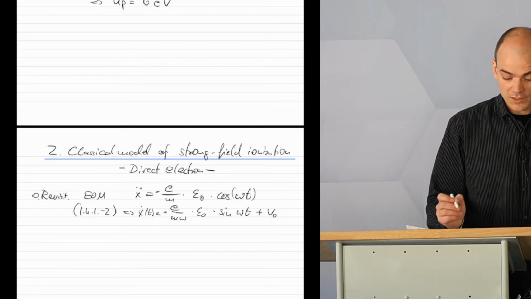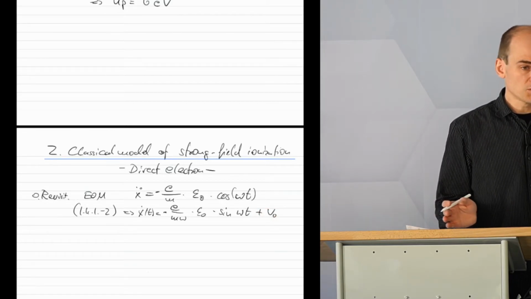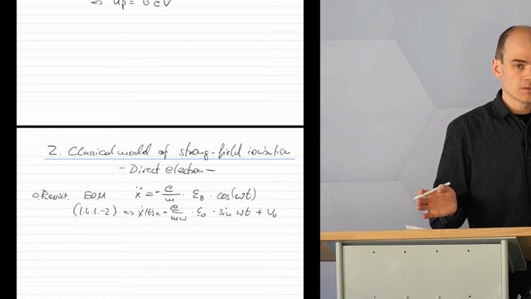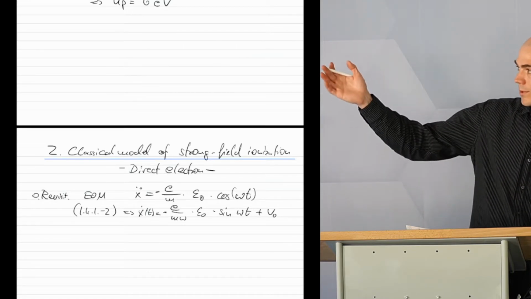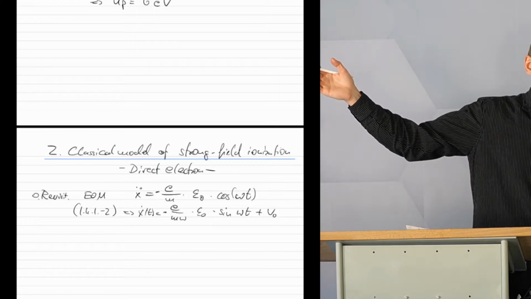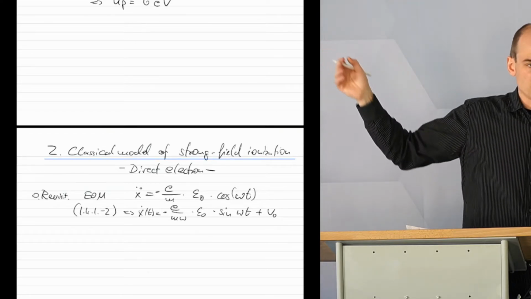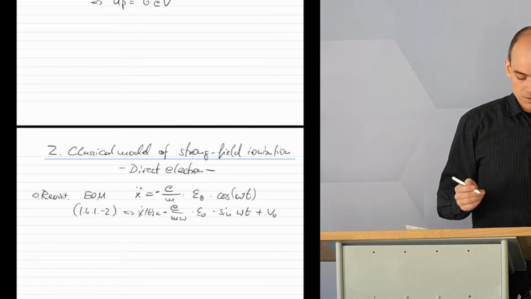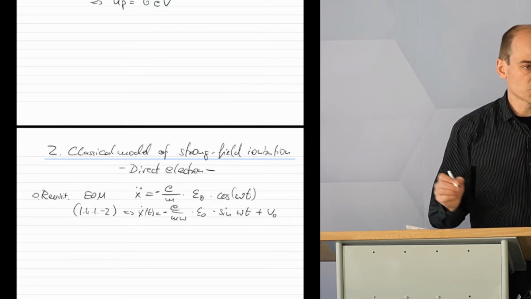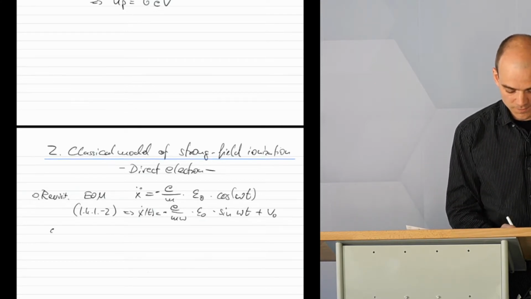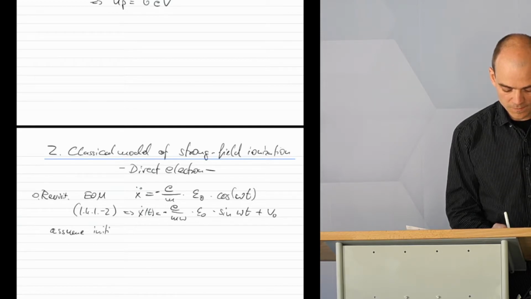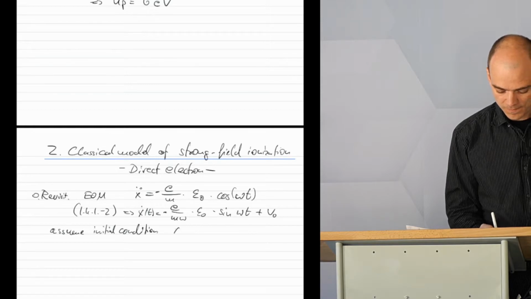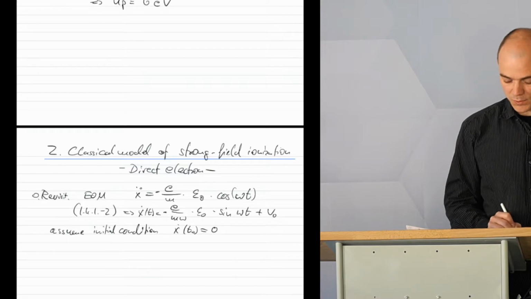Well, the simplest initial condition that we could take is an initial condition for the velocity at say t naught, and of course we just set it to 0. Assume initial condition equals 0.